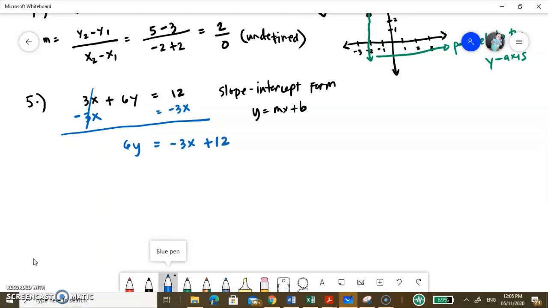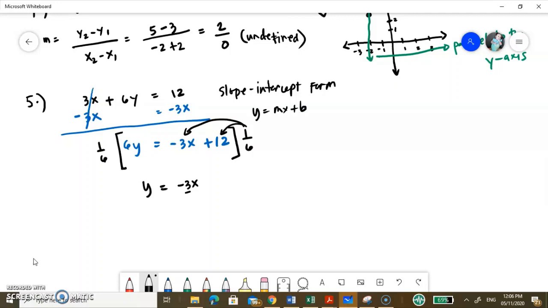And then, we multiply 1 over 6 to both sides of the equation. Times 1 over 6 times 1 over 6. So, 6 over 6, pag i-multiply mo yan, 1 na lang yan. So, y. Ito, i-distribute natin. So, mangyayari niyan ay negative 3x over 6 plus 12 over 6, right?